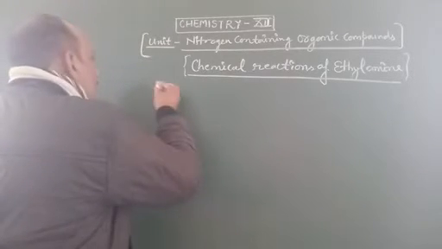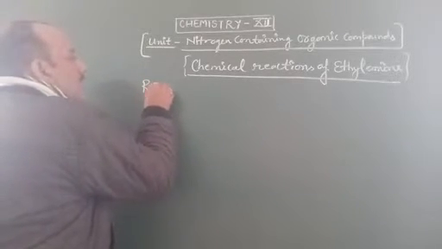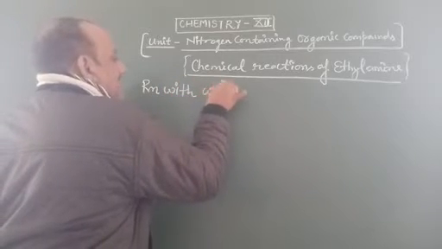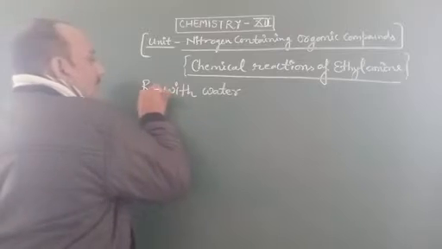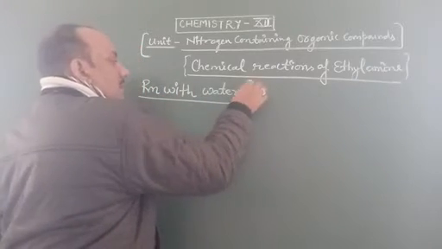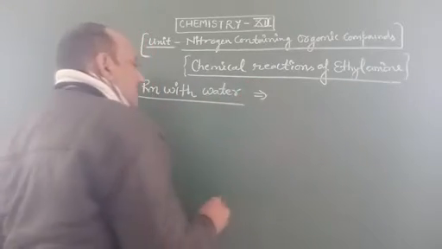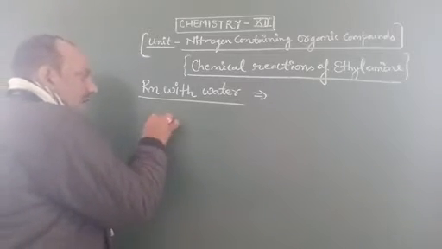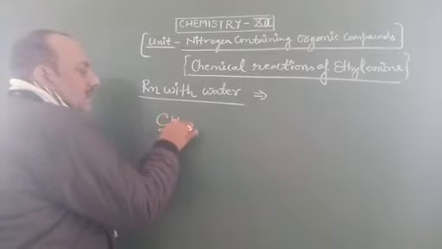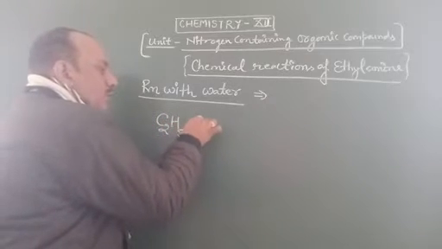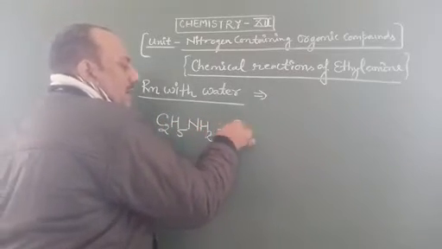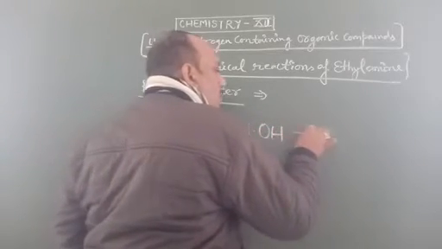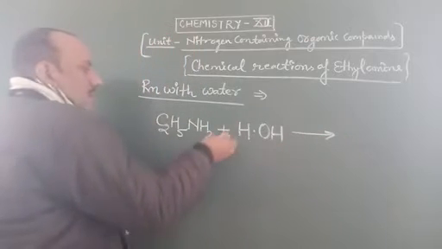Now next reaction: reaction with water. It reacts with water to form the hydroxide. The formula of ethylamine is C2H5NH2, and it reacts with water, H-OH.